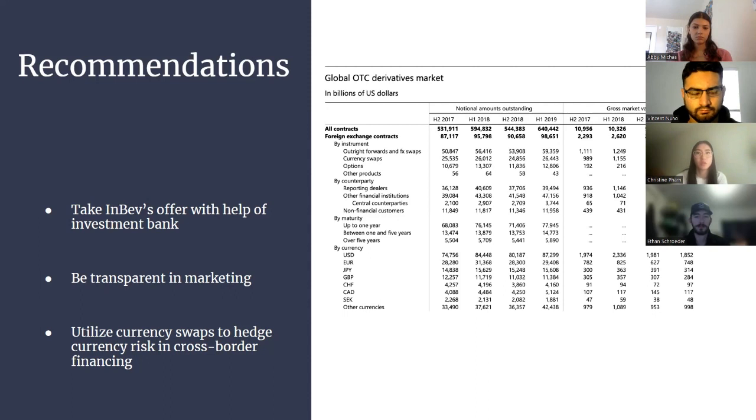So this shows that these contracts have a lot of liquidity and therefore would be an ideal hedge for Anheuser-Busch to use in case they'd like to liquidate or trade them. It would be very easy given the high number of contracts traded.